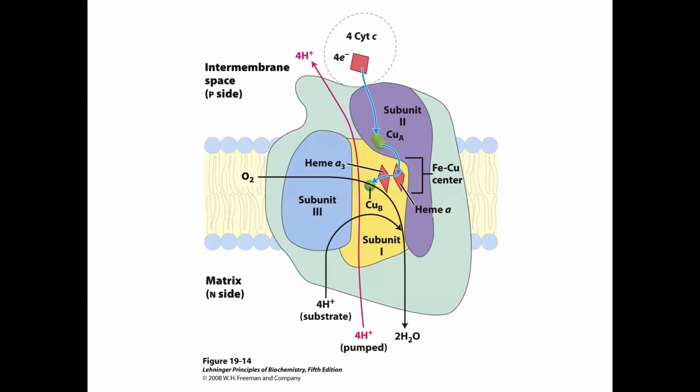And the water is generated after the oxygen binds to the B position copper. So here's your 2 coppers here that take the electrons from cytochrome C. They then get transferred through the 2 hemes. They go to the B-type copper that binds the molecular oxygen. It gets reduced, it takes these protons here, and then it gives you water.